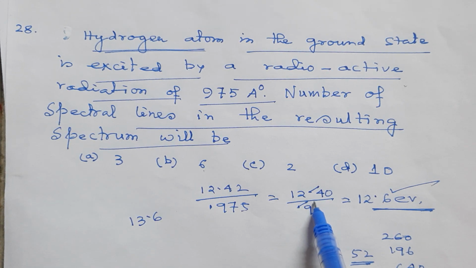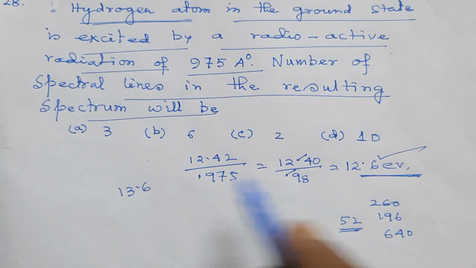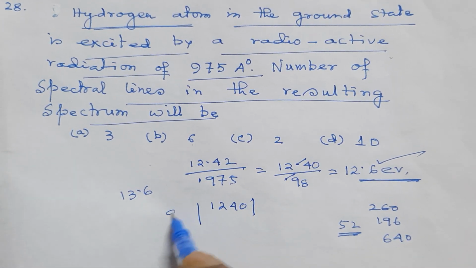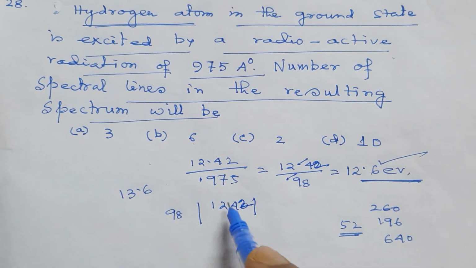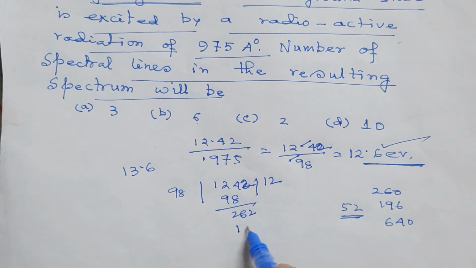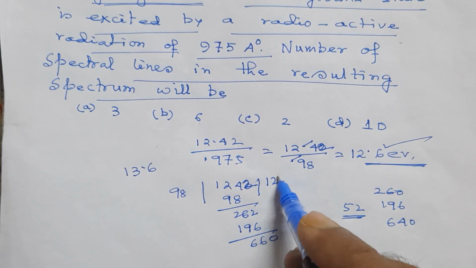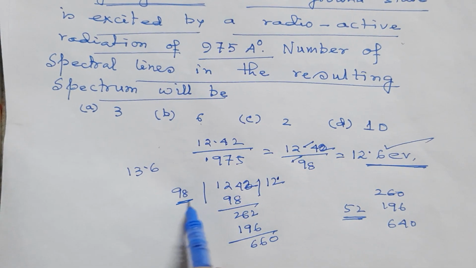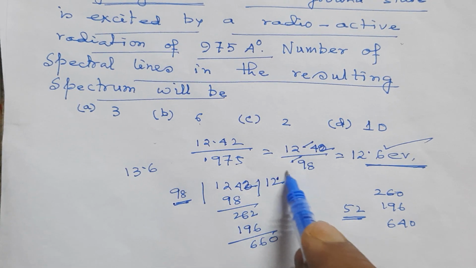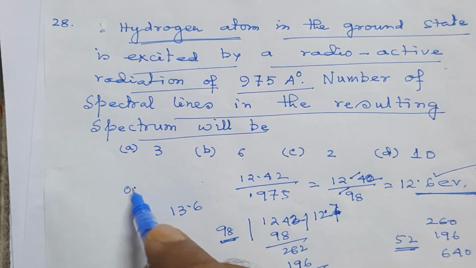Now 12.42 by 0.975 gives nearly 12.7. So the energy of the excited level is nearly minus 0.85 eV.